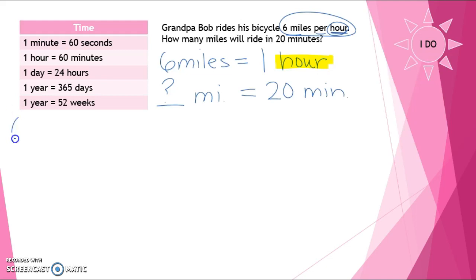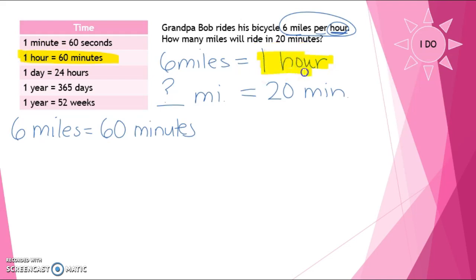So 6 miles is how far he goes in 60 minutes, because we know 1 hour is 60 minutes. So that means he can go 6 miles in 60 minutes. So the question is, how many miles can he go in 20 minutes?